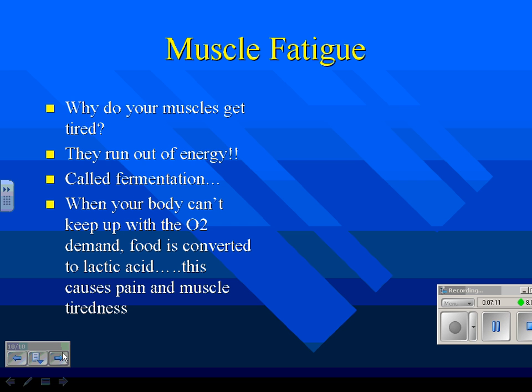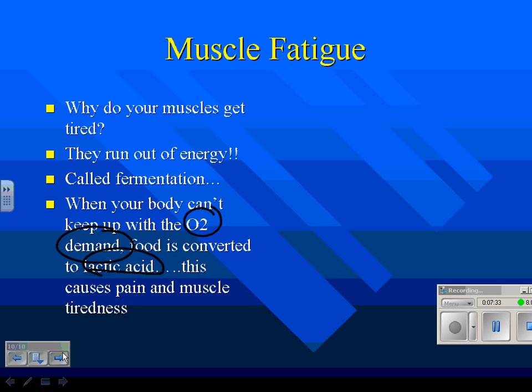When your body can't keep up with the amount of oxygen you need, what we call the oxygen demand, the food you take in, instead of being converted to energy, is being converted to something called lactic acid. You maybe heard this from your track coach this week, that you've got all this lactic acid in your muscles.